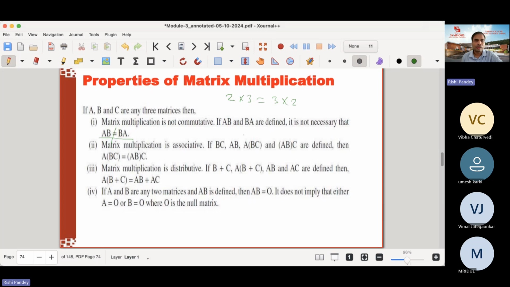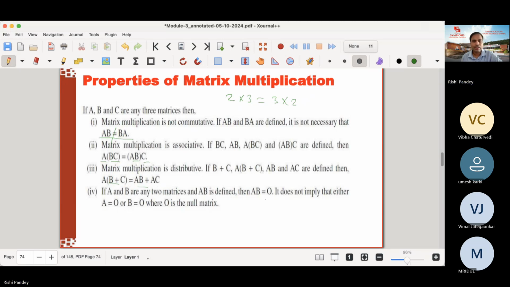It is not necessary that AB equals BA. But we can define associativity: you can multiply BC then A, or AB then C. So it is true, but commutativity is not right. Multiplication distribution is also true.